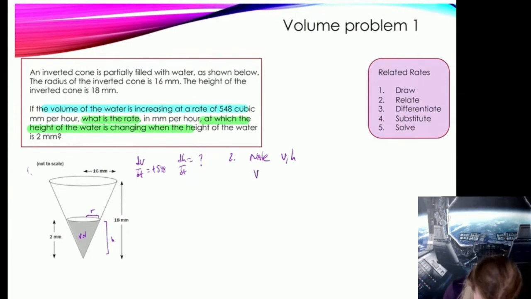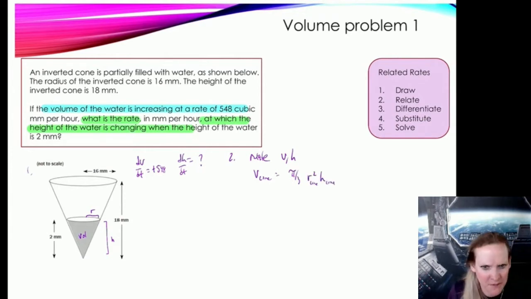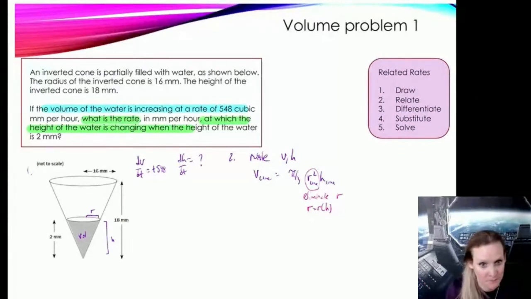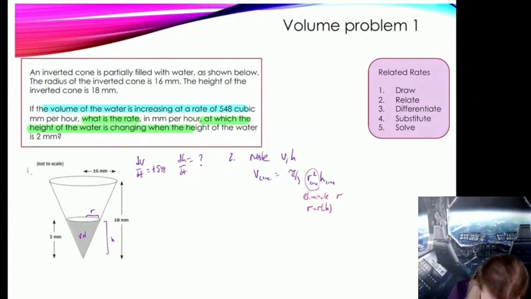I know the volume of a cone is equal to pi over 3 times R squared times H. I've got too many variables there. I've got R. I need to eliminate R by substituting R equals R of H. So I'm going to find R as a function of H. And that's going to come from similar triangles.